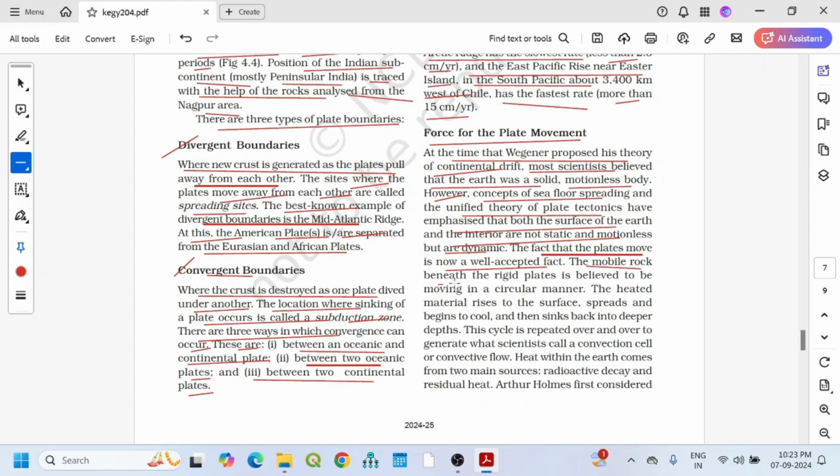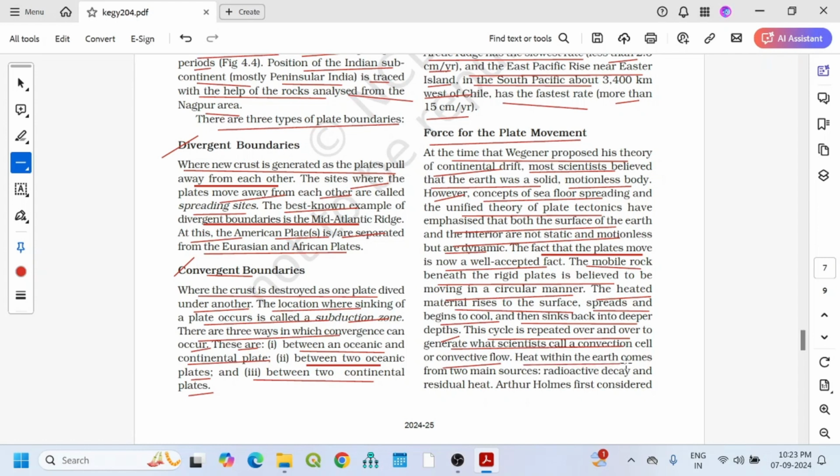The mobile rock beneath the rigid plates is believed to be moving in a circular manner. The heated material rises to the surface, spreads, and begins to cool, and then sinks back into the deeper depths. This cycle is repeated over and over to generate what scientists call a convection cell or convective flow.